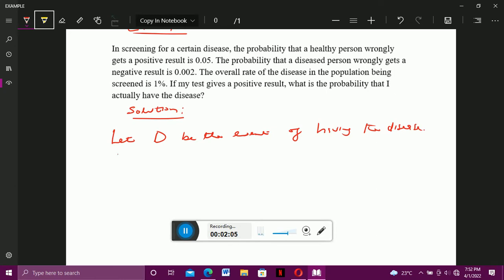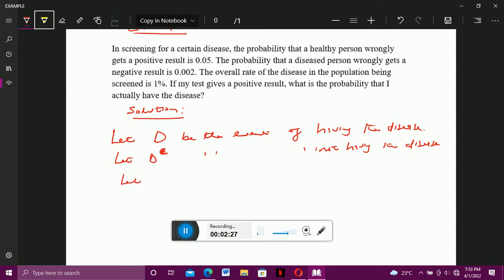Then we let D prime be the event of not having the disease. So we are going to write it as D complement or D prime.